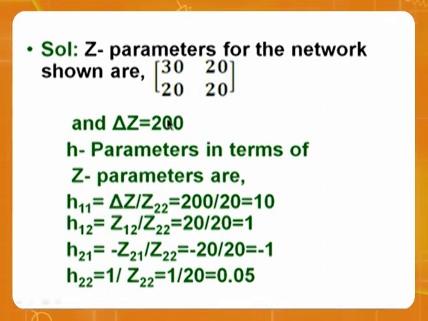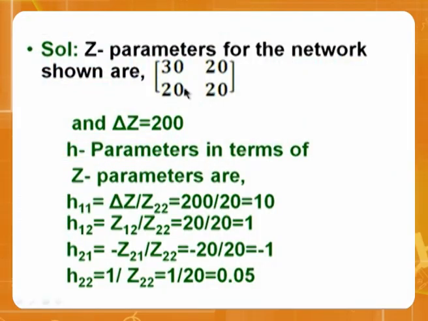Therefore, you have one option. That option is to write the equations: V1 is equal to 30 into I1 plus 20 into I2, V2 is equal to 20 into I1 plus 20 into I2. Readjust the equations to suit your H parameters. That new method is also possible. And therefore, our option is D.